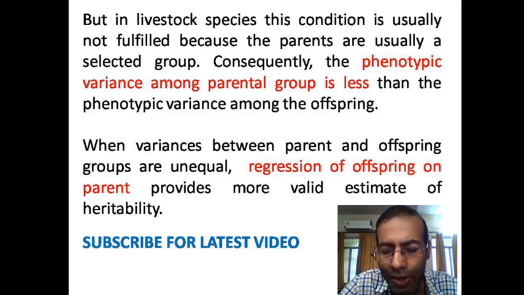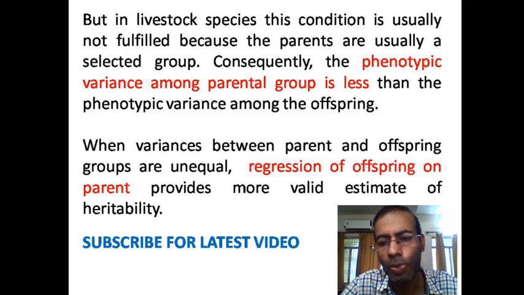When we select individuals, automatically your phenotypic variance will be less, and we are selecting parents, so phenotypic variance of parental group will be less than phenotypic variance in offspring group.